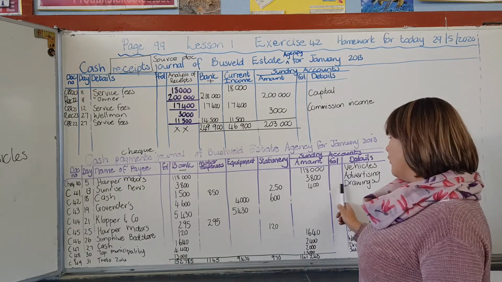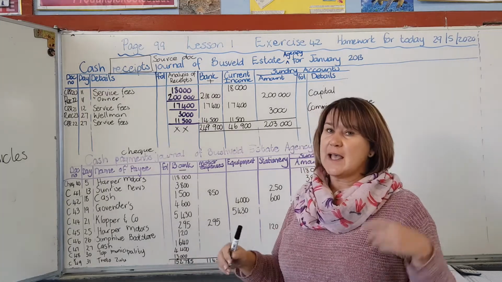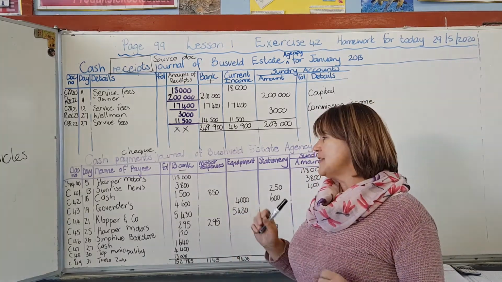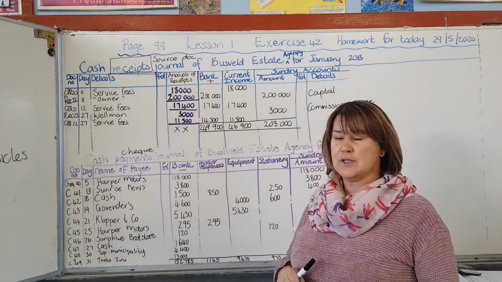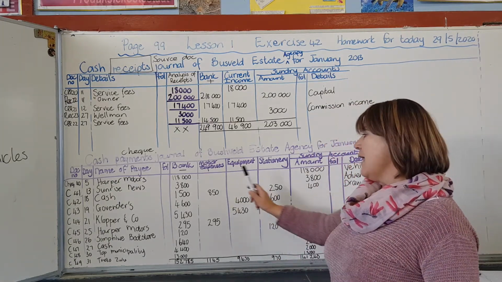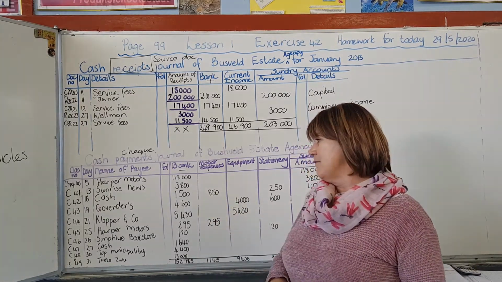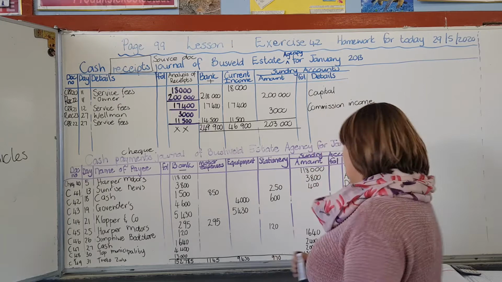So we've got 3 transactions with one check because, as I said in the previous video, we want to save on our bank charges. So you're going to add the 3 amounts, and that's the value of the check, 1,500 rand.